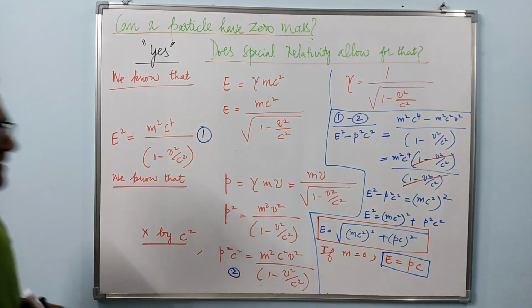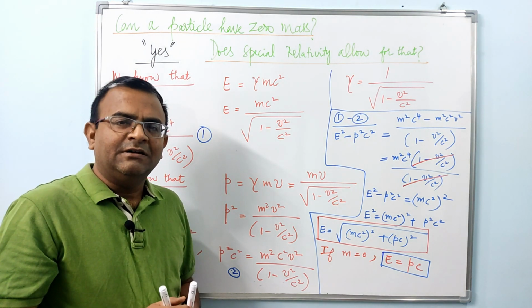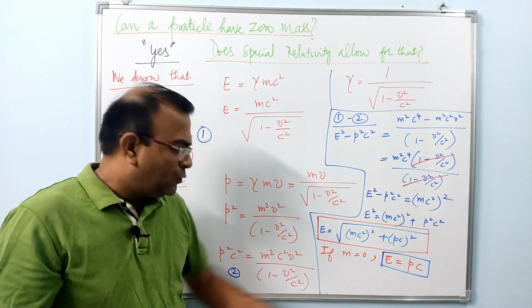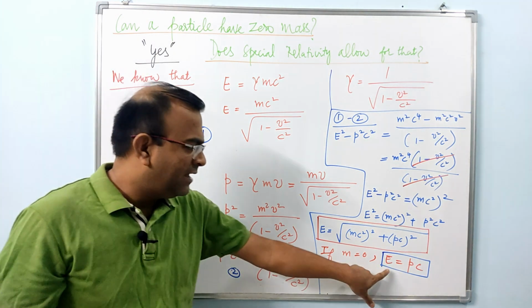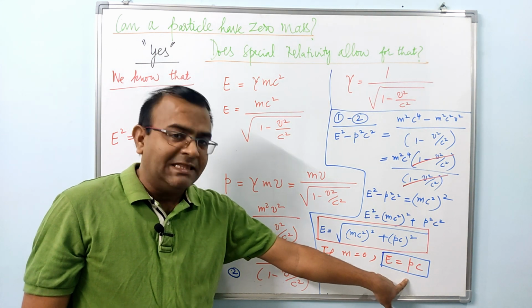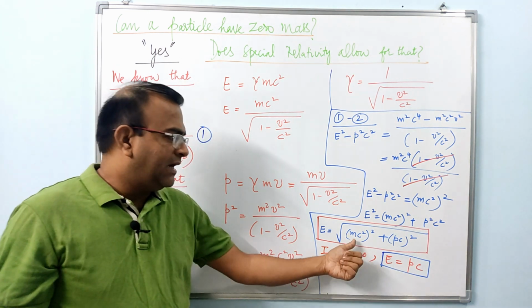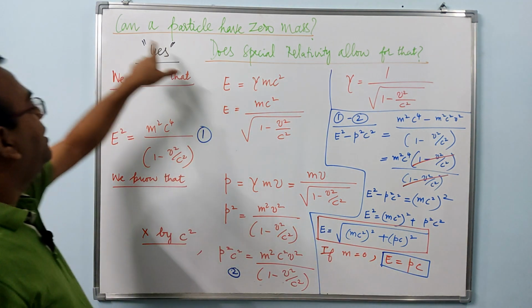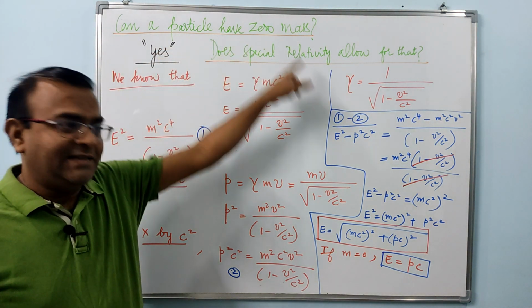And that tells us that it is possible for a particle to have 0 mass, but still it can possess energy as well as it can have momentum. This possibility arises because of this particular equation, and therefore we got the answer for this question, that can a particle have a 0 mass? Yes.